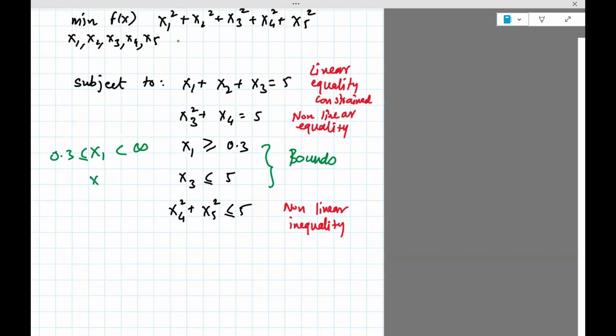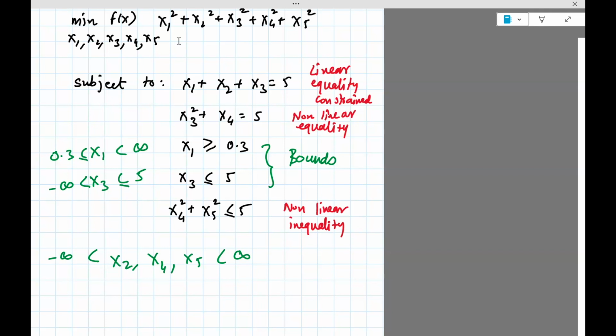And this one, x3, is between 5 and negative infinity. Which clearly means that x2, x4, and x5 have no bounds. So they are technically between minus infinity and plus infinity.